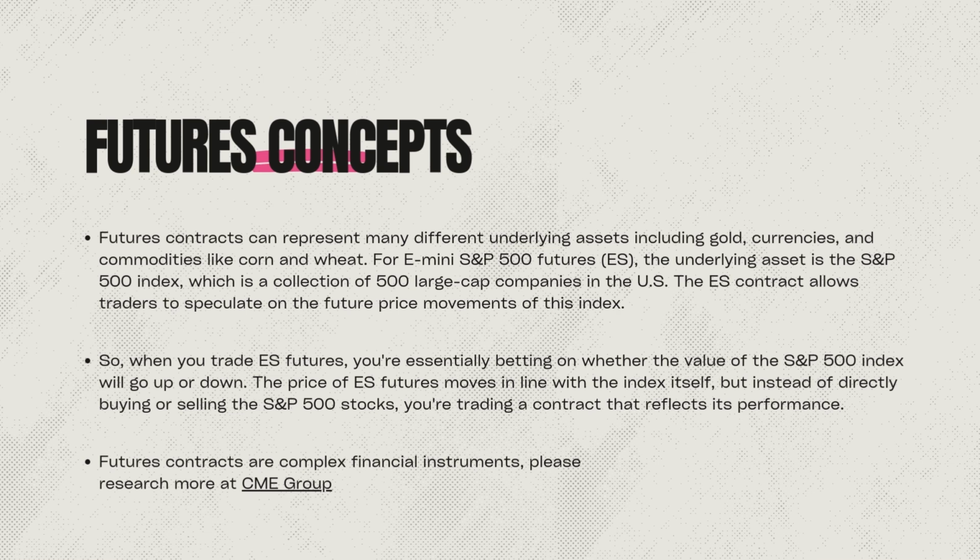The underlying asset there is the NASDAQ or QQQ. You might hear that a lot. So the underlying asset for ES is the S&P 500, like SPY or SPX, and the underlying for NQ is QQQ or NASDAQ. So the ES contract allows us to speculate on the future price movements of the S&P 500.